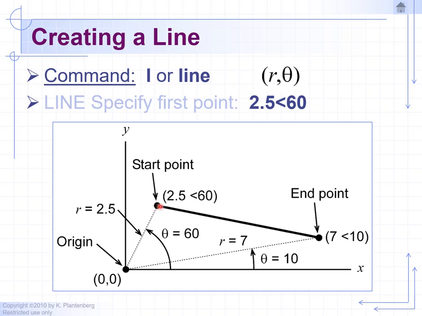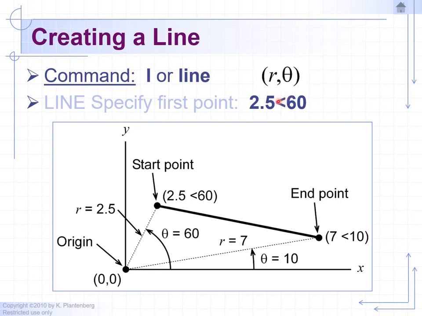point. So to locate our first point using AutoCAD, you click on the line icon or type in line or type in L in the command line, enter to get into the command line. And you're going to type in 2.5, that's the length. And then we're going to use the less than symbol.